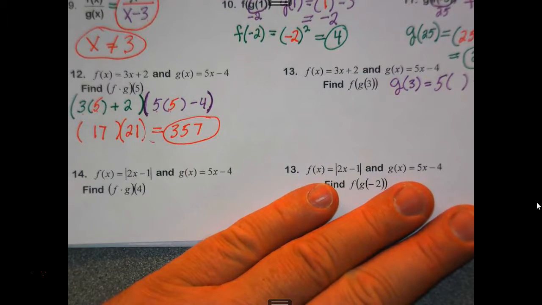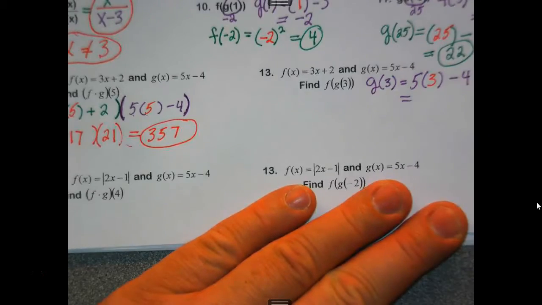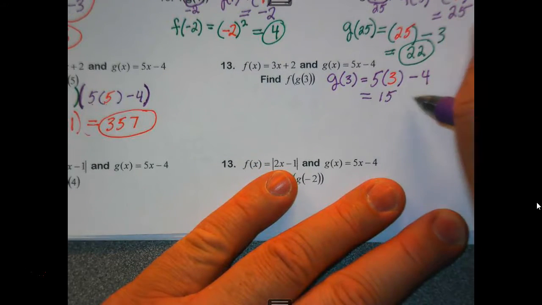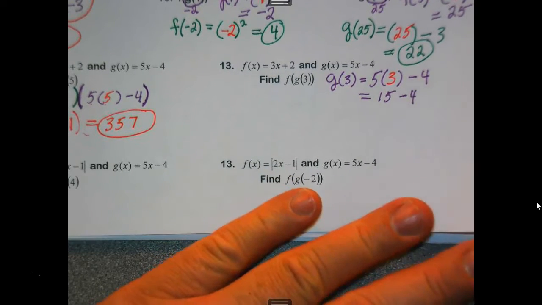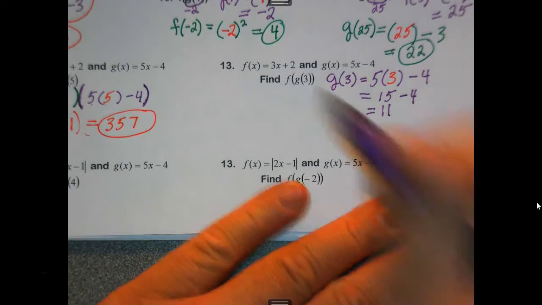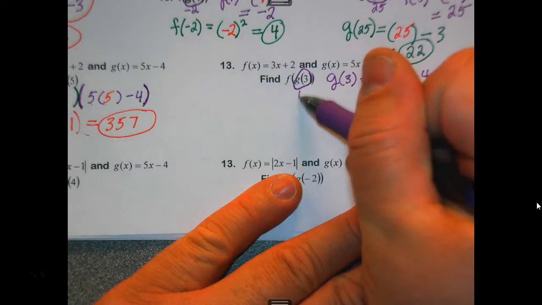My x is 3. So I get 5 times 3 is 15, minus 4 equals 11. So I'm going to replace the g of 3 with 11.